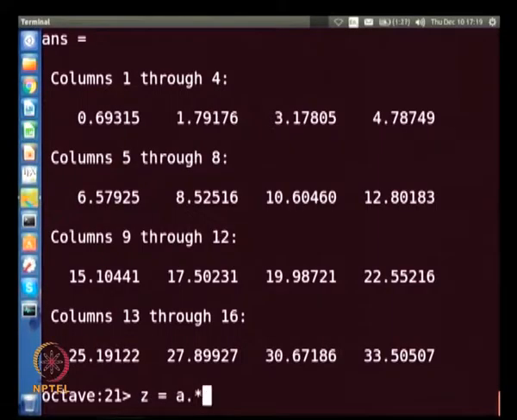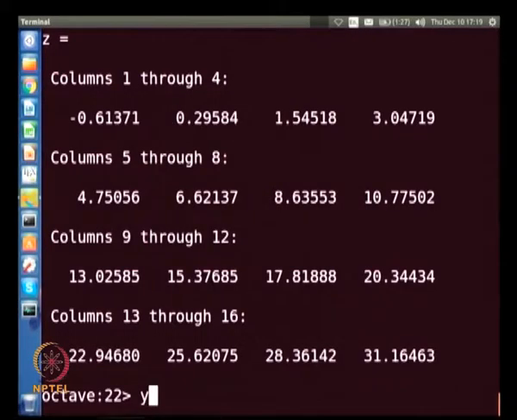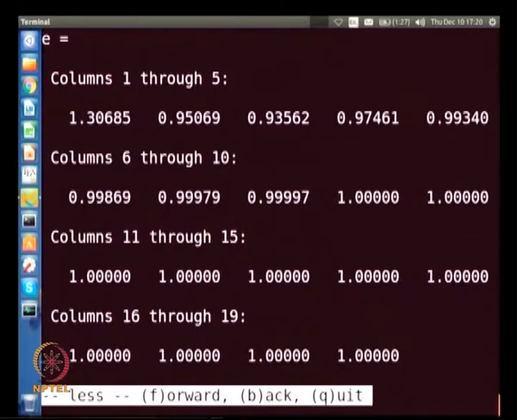This is the approximation, a log a minus a. So, now I have y minus z, and divide by y. So, each component of y I have to take, I have to subtract the z component from there and divide by the corresponding y component, and that is what I called as error.